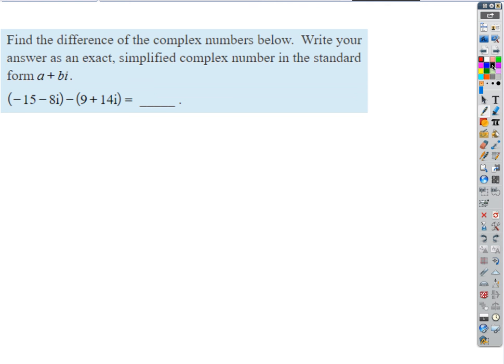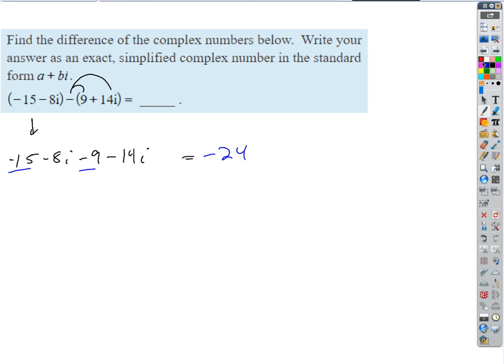So I don't really even need the first set of parentheses, so this one just becomes negative 15 minus 8i, but when I distribute that negative sign, what am I going to get? Negative 9 minus 14i. Same as before, I just add up the real parts and the imaginary parts now, right? So the sum of the real parts would be what?